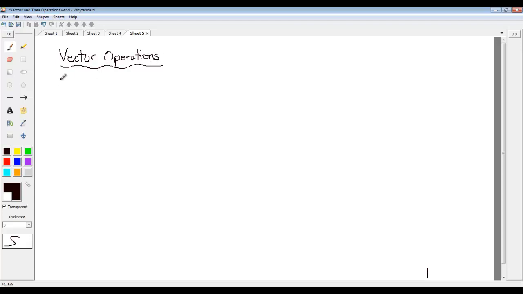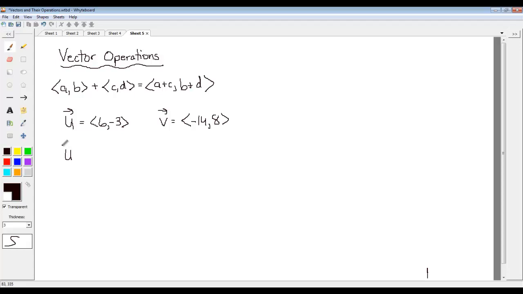If you have vector AB plus vector CD, that equals the vector (A plus C, B plus D). Let's say vector U is (6, negative 3) and vector V is (negative 14, 8).